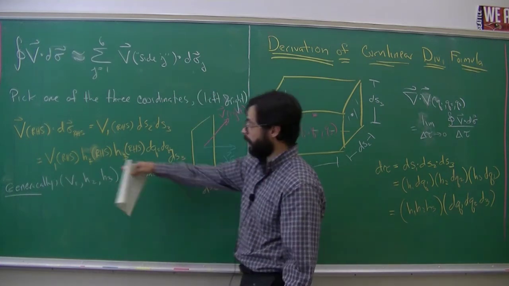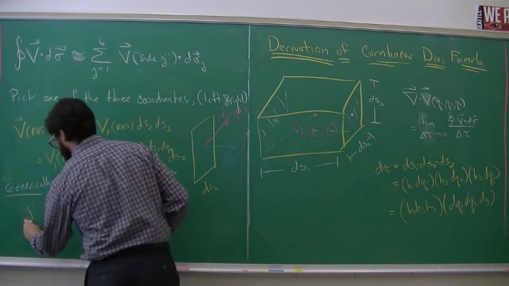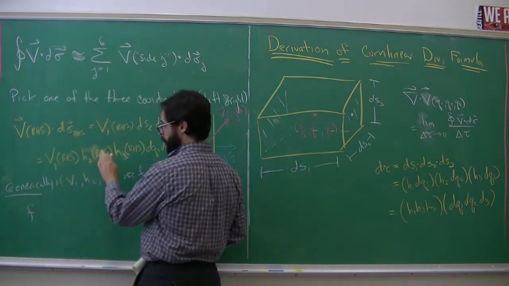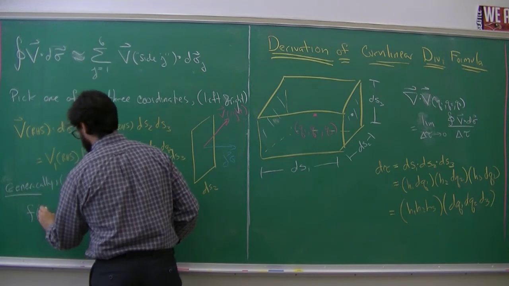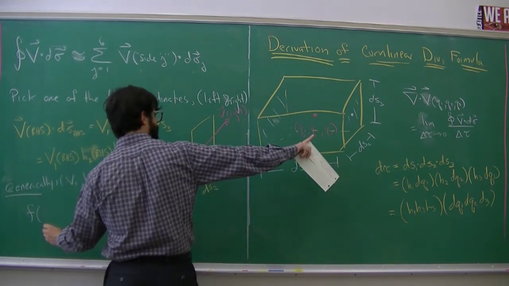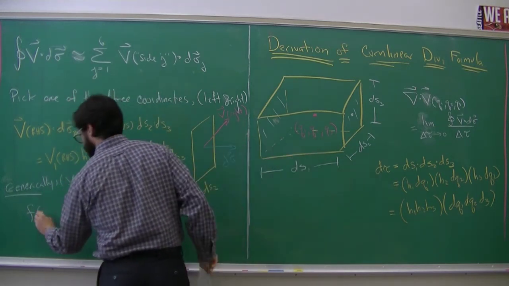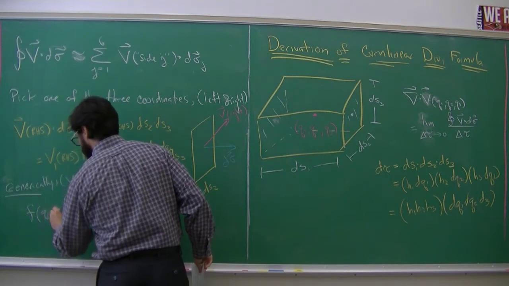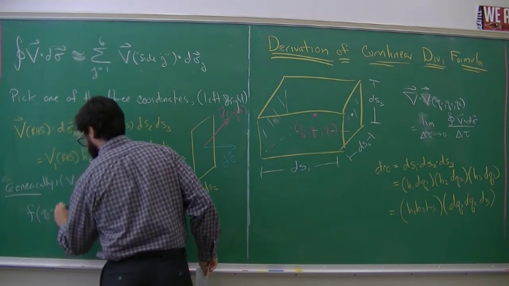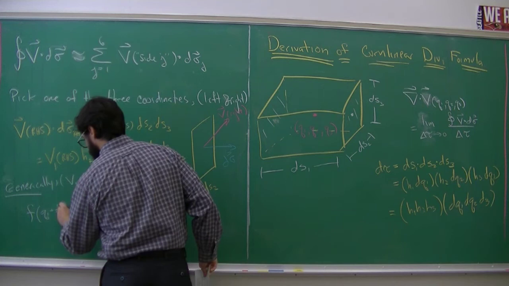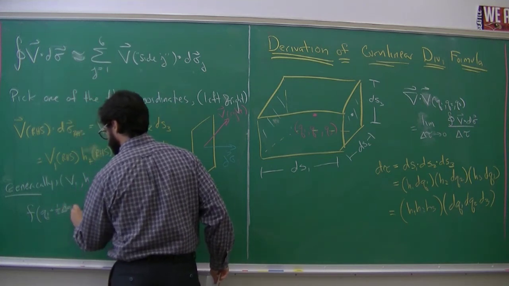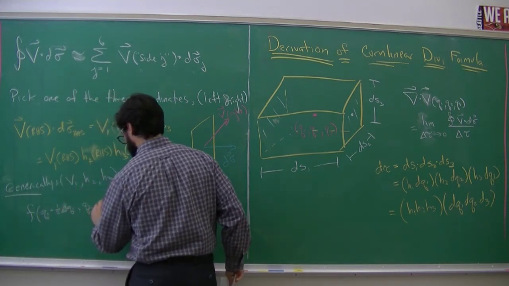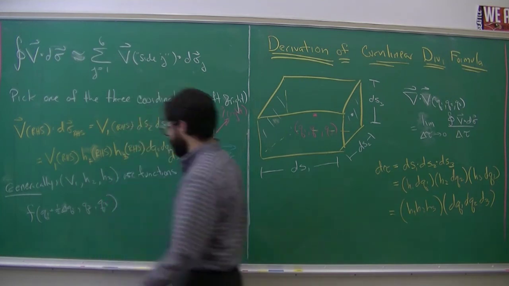By RHS, what we really mean is that each one of them, f being a stand-in for one of these three functions, needs to be evaluated at the right-hand side, which is Q1 plus 1/2 delta Q1, Q2, Q3.